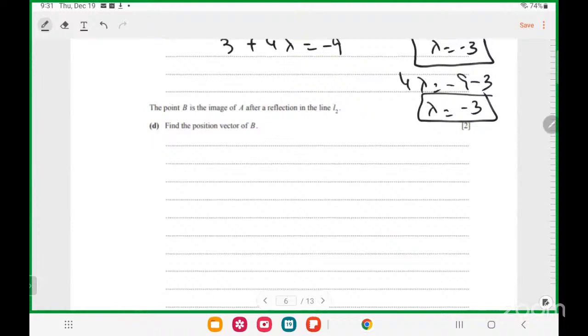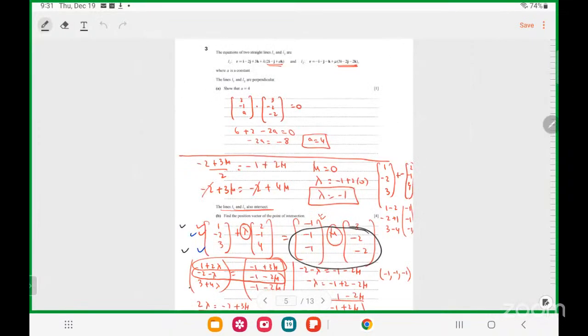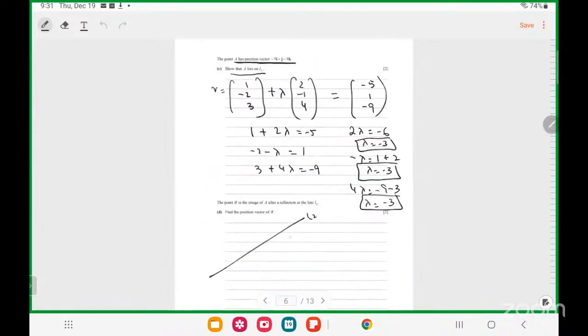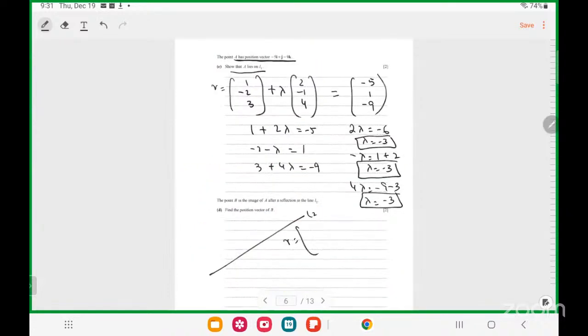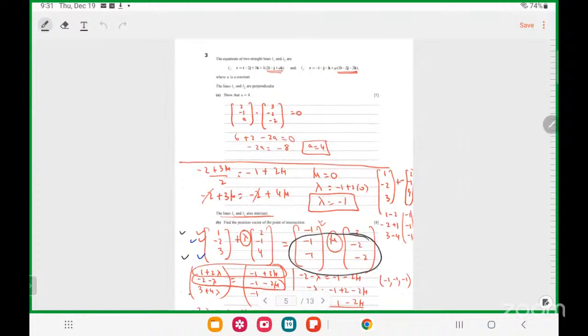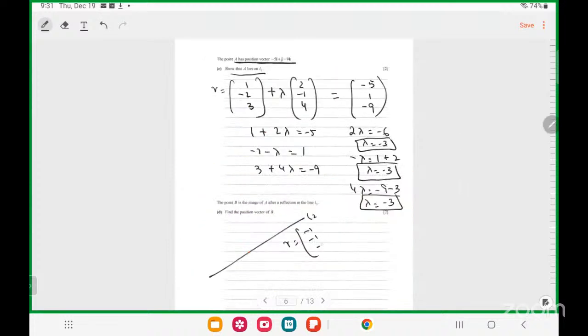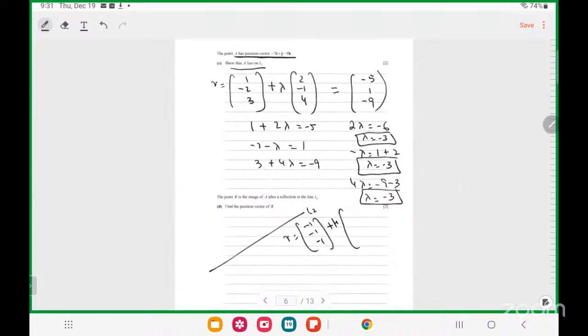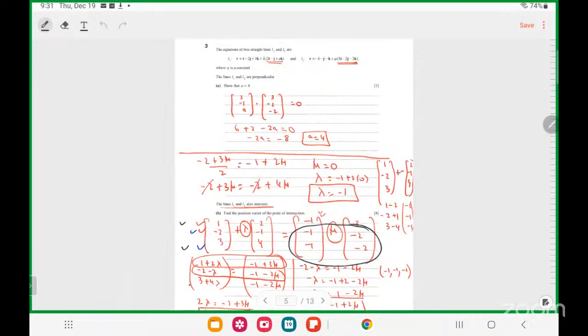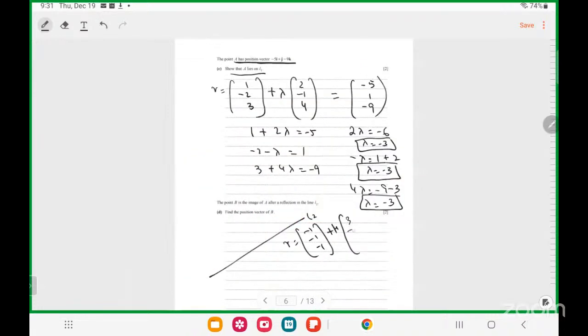The point B is the image of A after reflection in L2. So ये L2 है. L2 is r equals (-1, -1, -1) plus mu times (3, -2, -2).